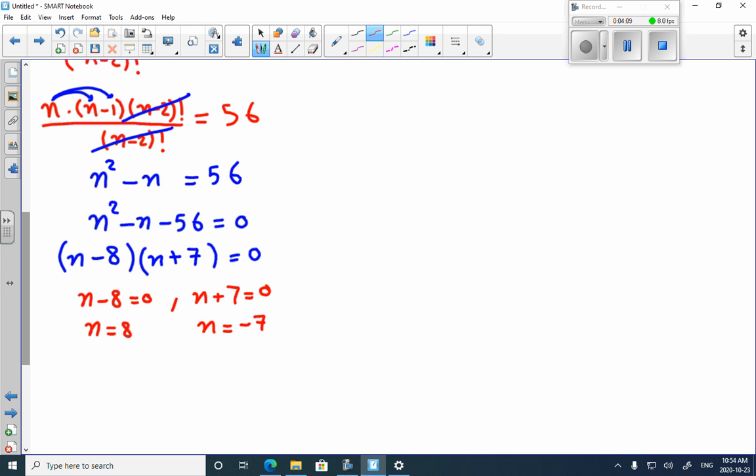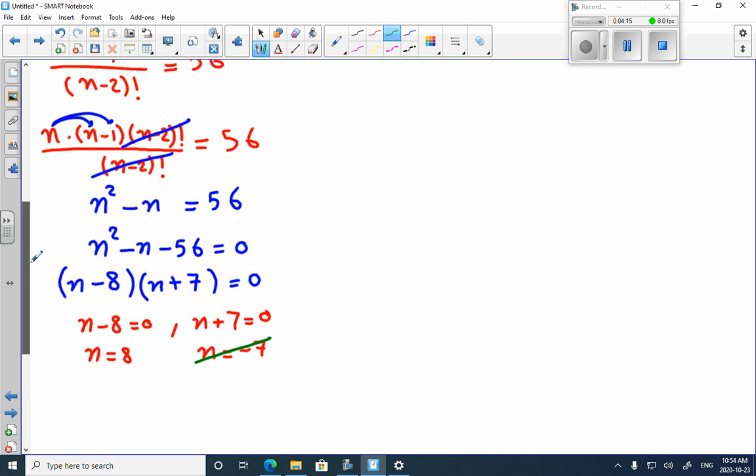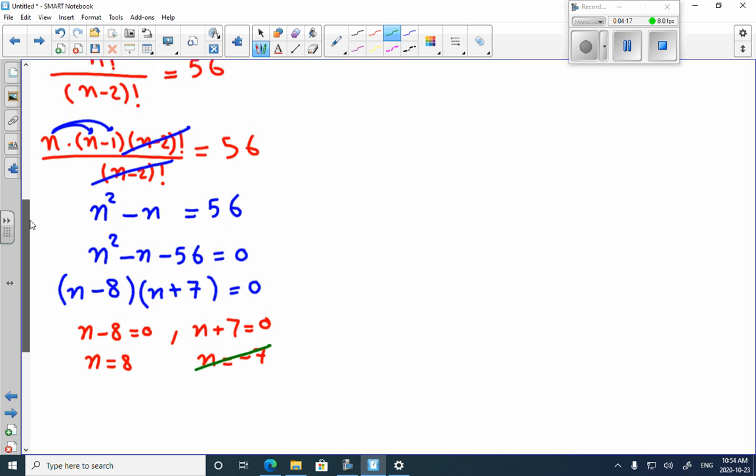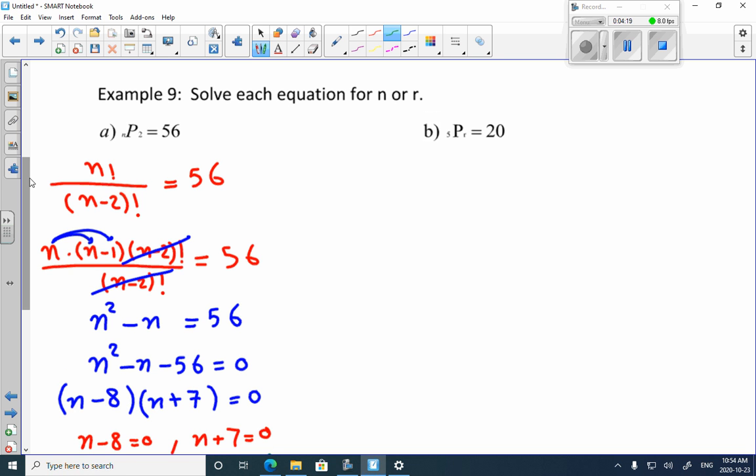Actually, the value of n equals negative 7 is rejected. n has to be greater than or equal to 2 based on the given here. Basically, n cannot be negative under any condition or even 0. So n has to be greater than or equal to 2, because I'm choosing 2 objects out of n.